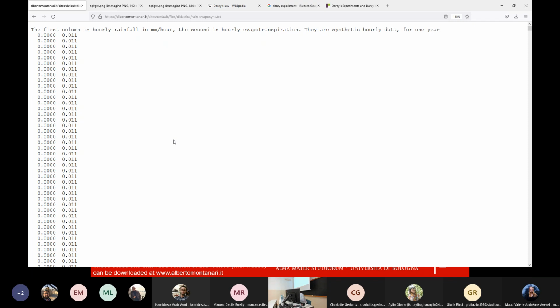So you have to understand what the data are about. So we have here rainfall in the first column, evapotranspiration in the second column. We have the units, millimeters per hour, and we know that they cover 1 year at hourly time step. This is all what we need.